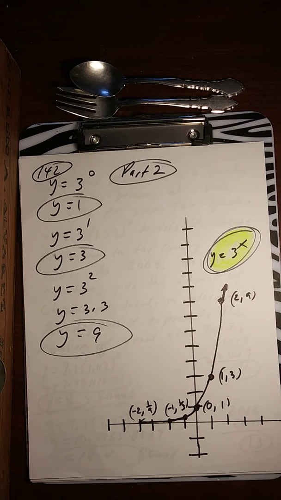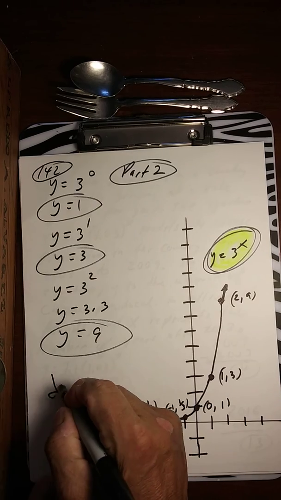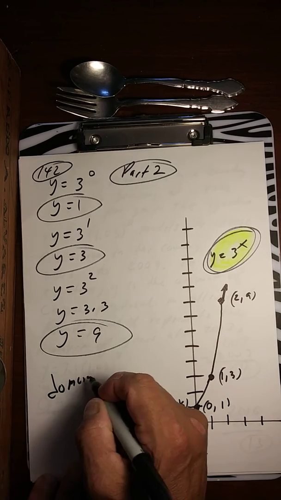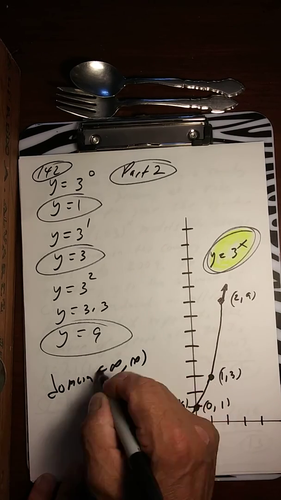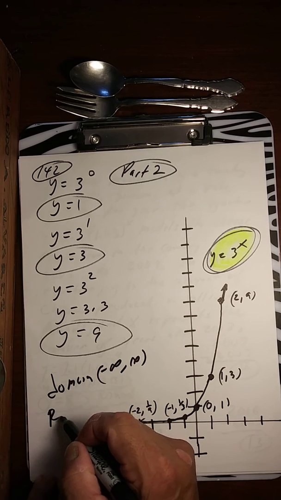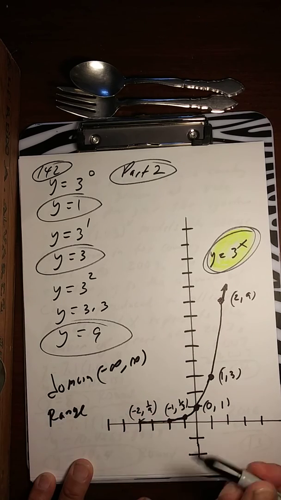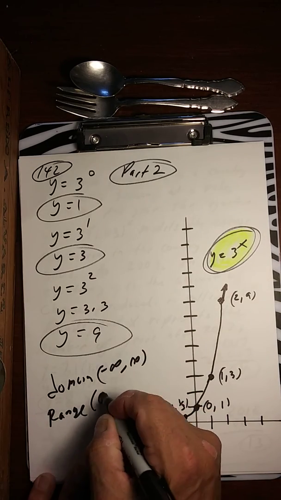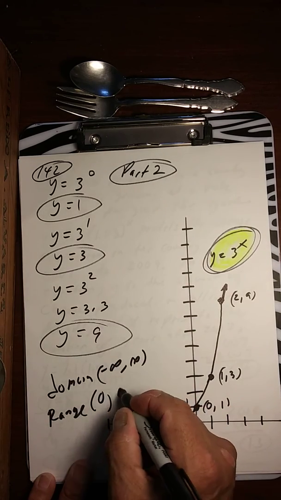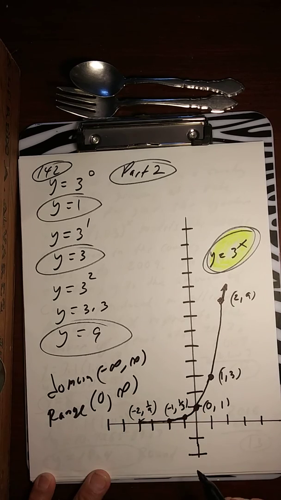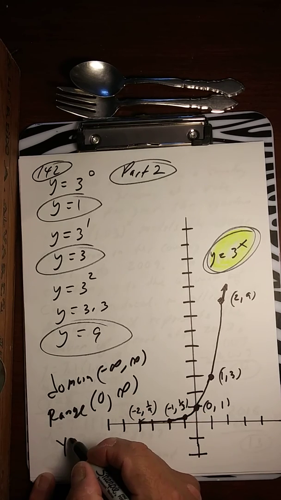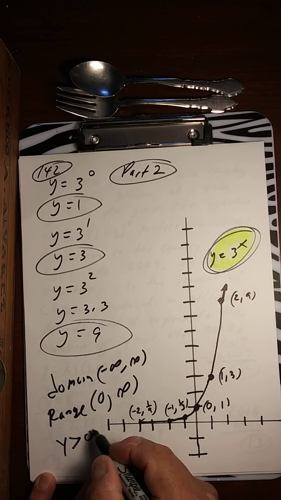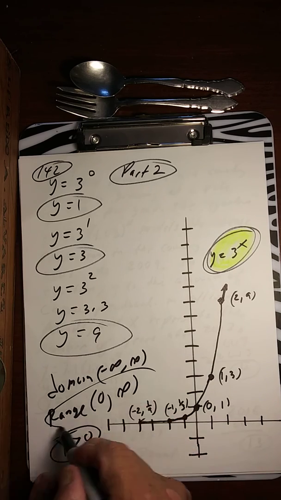So the domain of this thing, what do you think it is? I think the domain is going to be -infinity to infinity. In the range, I'm going to say it goes from here to that. So it's from 0 to infinity, or I guess we can say y is greater than 0 for the range.